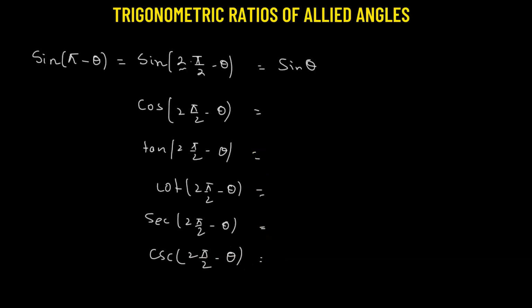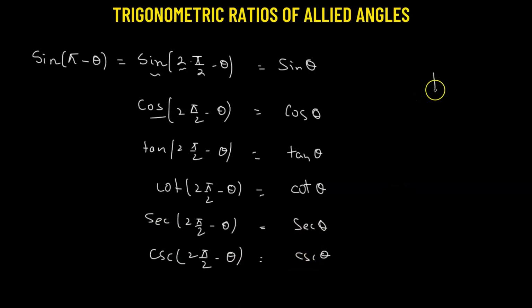Whenever we have an even multiple, the trigonometric function does not change. So cosine will remain as cosine, and then we are going to have theta. Tangent will become tangent. So we have tangent of theta. Cotangent will remain as cotangent, cotangent of theta. Secant will also remain the same, secant of theta. Cosecant will also remain the same, so we have cosecant of theta.